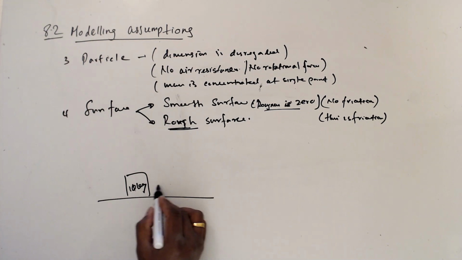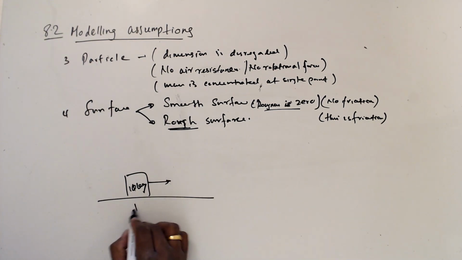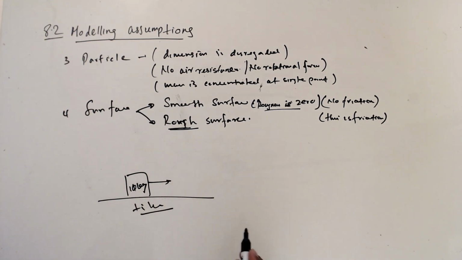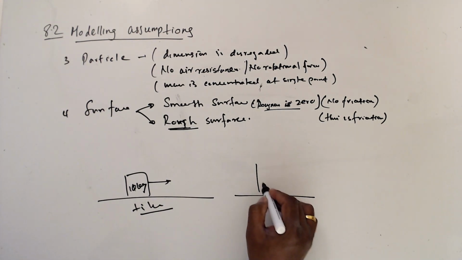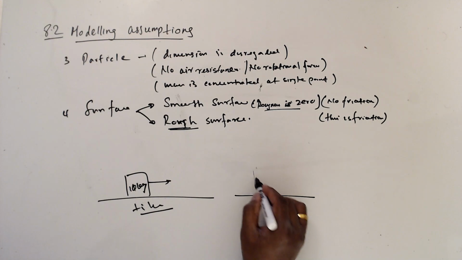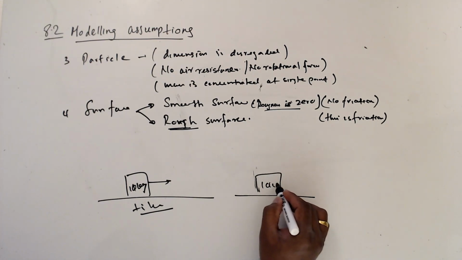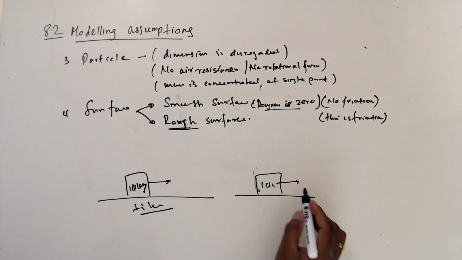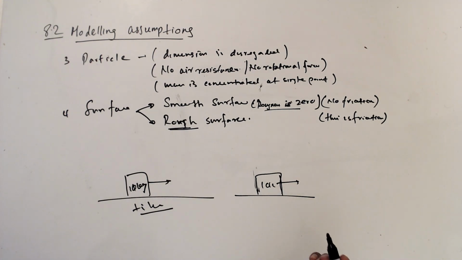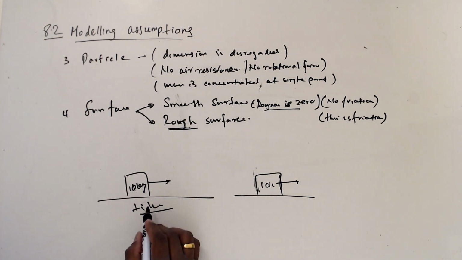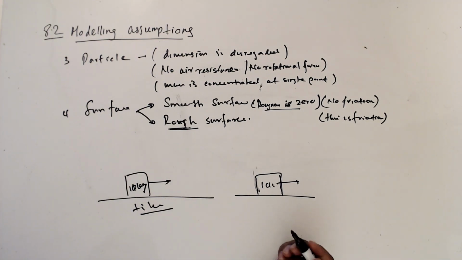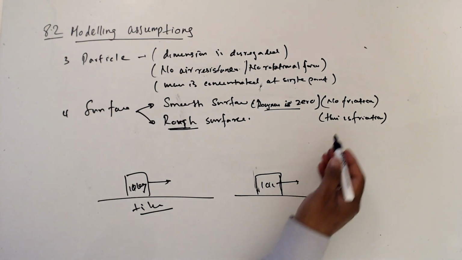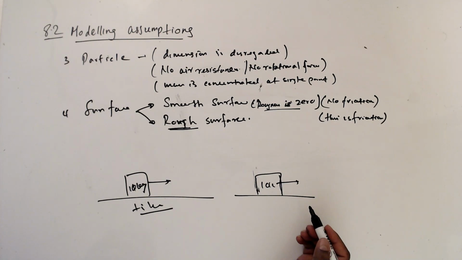If you try to pull 10 kg on a tile floor, and if we try to pull 10 kg on a road, the tile floor is much easier to pull, but the road is difficult because of the friction force.